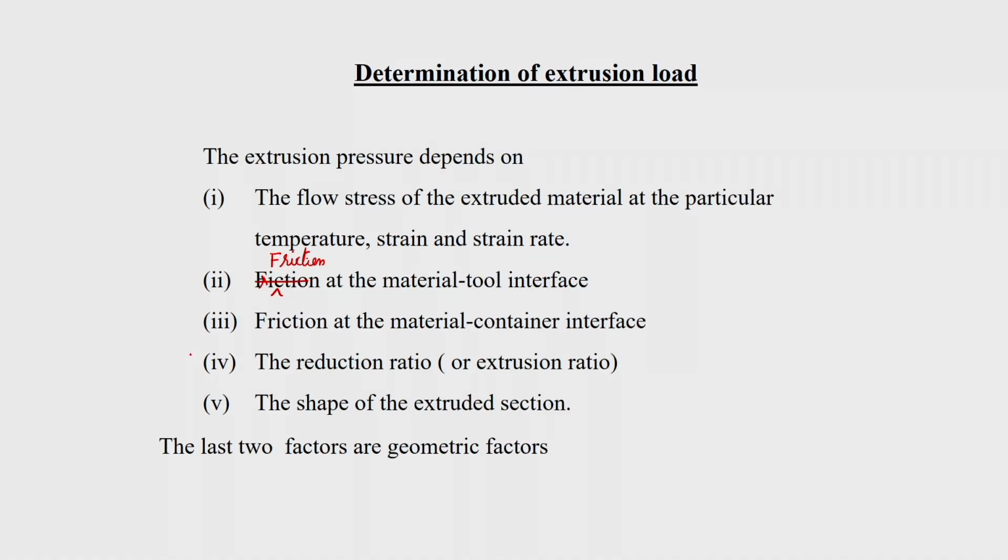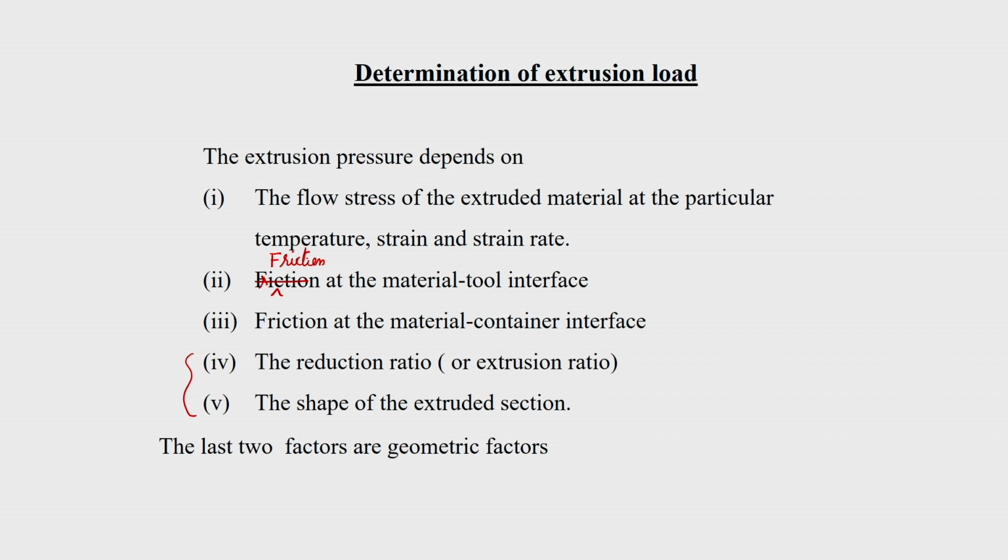Another factor is that sometimes you may have multiple extrusions inside a die itself, which also complicates things, but the production is much faster. So, the last two are factors mainly due to the geometry.